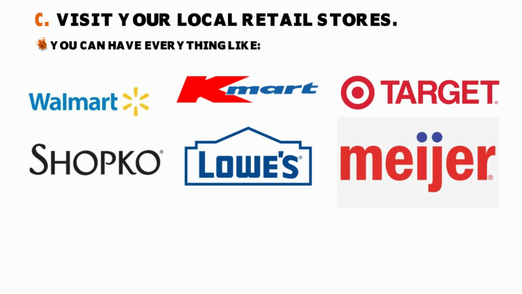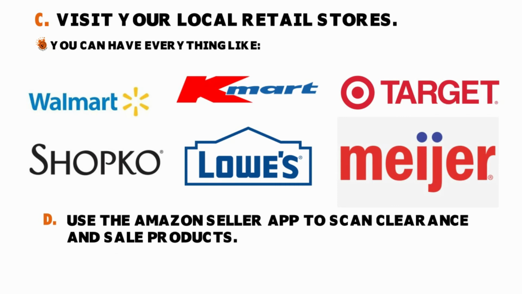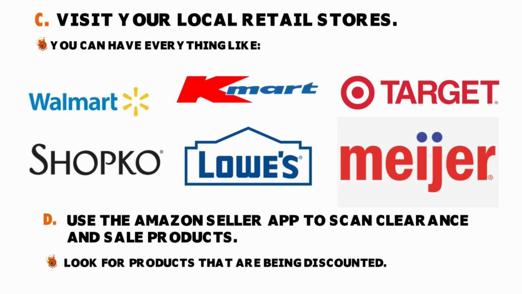This is very good. And so use the Amazon Seller app to scan clearance and sell products, right? Because again, one thing you want to look for here is products that are being discounted, right? Products that are on clearance. So you scan those clearance and sell products, and you identify the delta between the sales price and the potential price you can sell this for on Amazon.